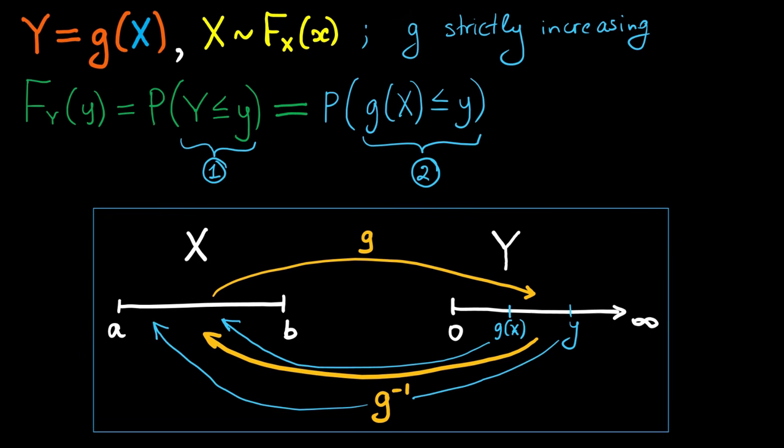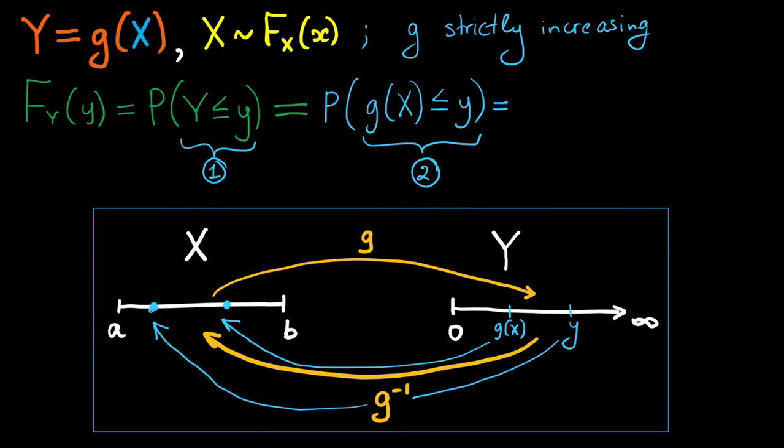And we happen to know that g is a strictly increasing function, and that means a lot of things, but what we care about is that g inverse is a function that is order preserving. So if we take two values in the range of y in a certain order and we transport them from the range of y to the range of x with the function g inverse, when they arrive in the range of x, they'll be in the same order that they were in when they departed the range of y.